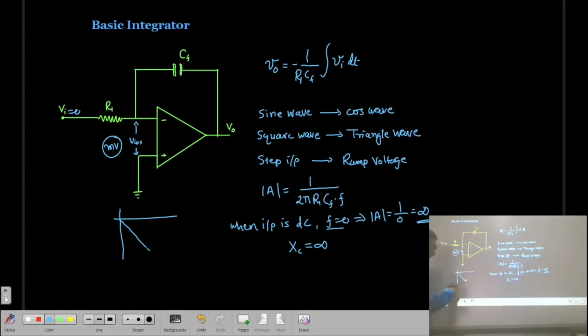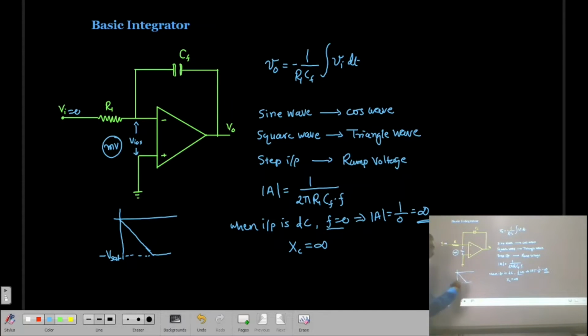This voltage goes on increasing in the negative side, and then it is going to saturate, because the maximum output voltage of the operational amplifier will always be a plus saturation or a minus saturation. So here you will get minus V saturation.